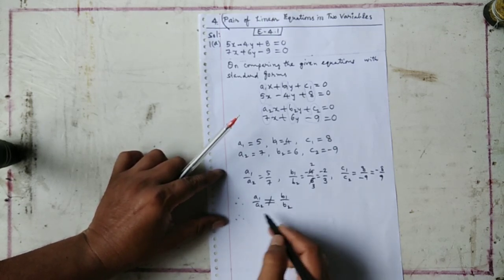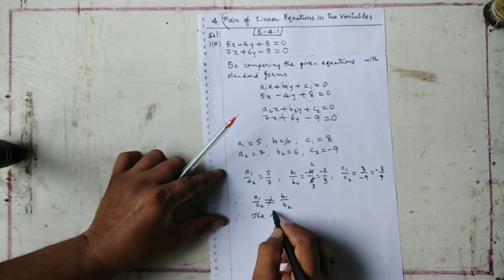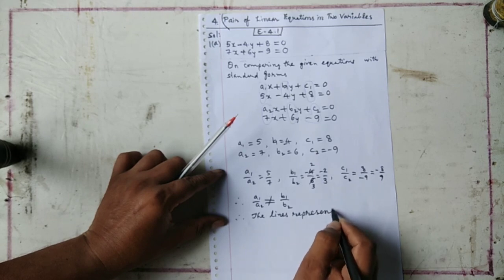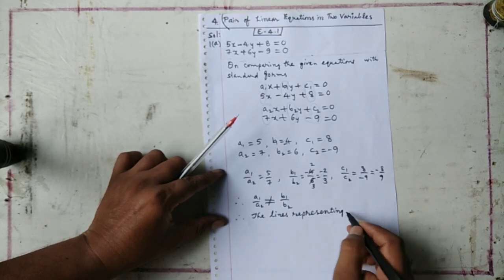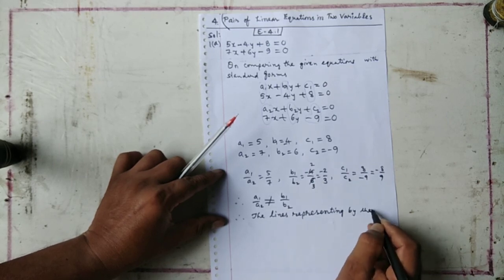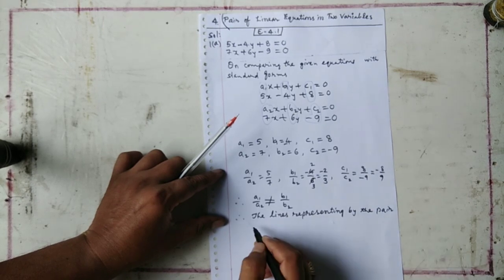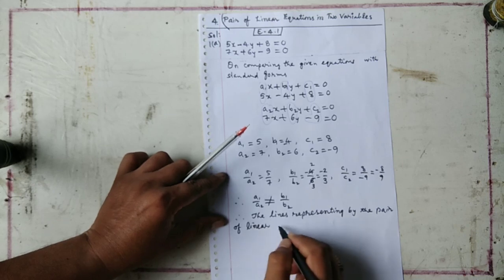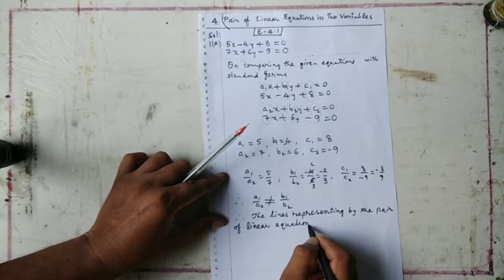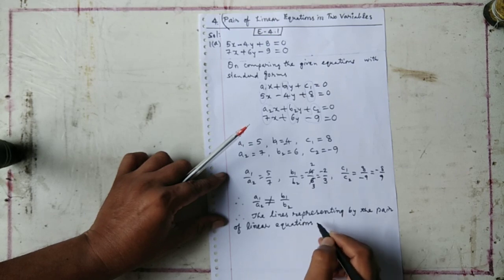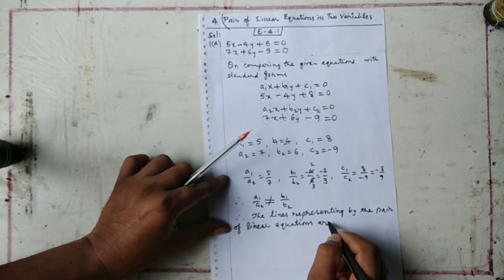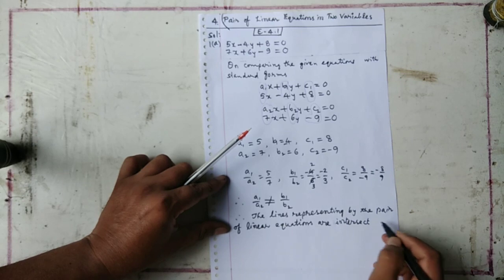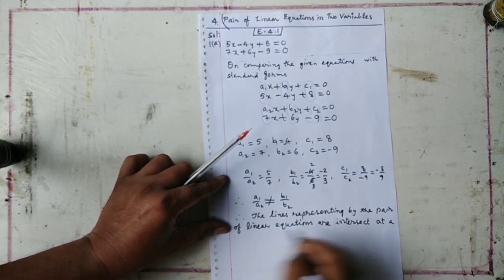Therefore, the lines represented by the pair of linear equations intersect at a point.